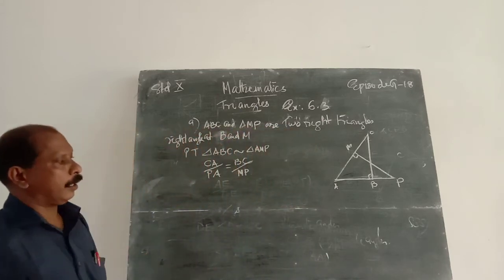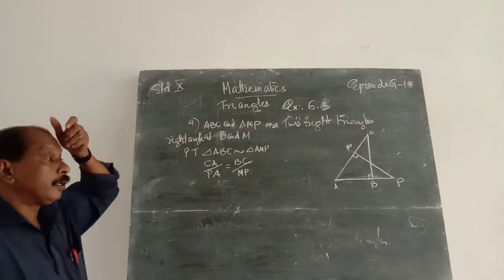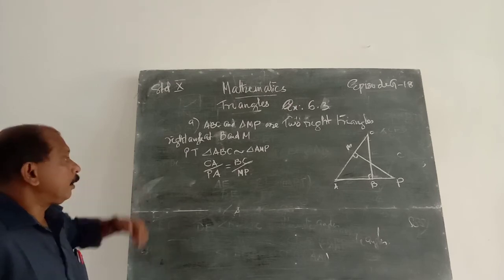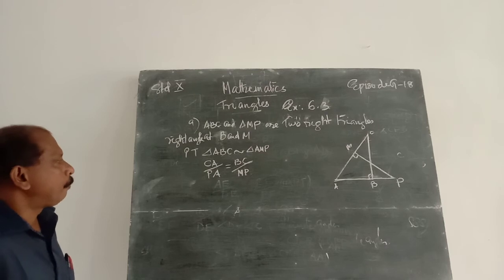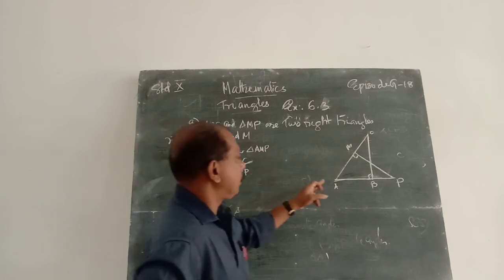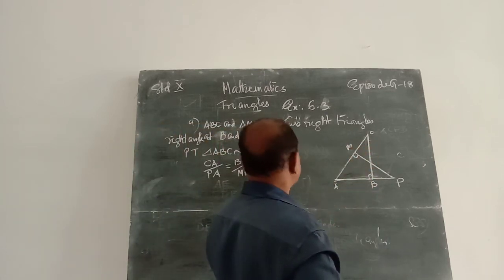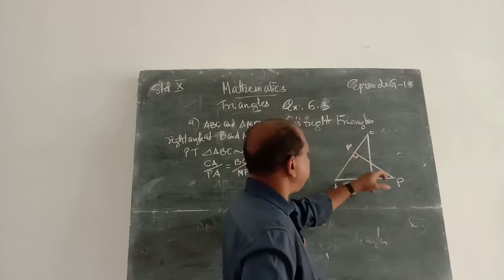One is right triangle ABC, right angle at B, and the other is AMP, right angle at M. Prove that triangle ABC is similar to triangle AMP.